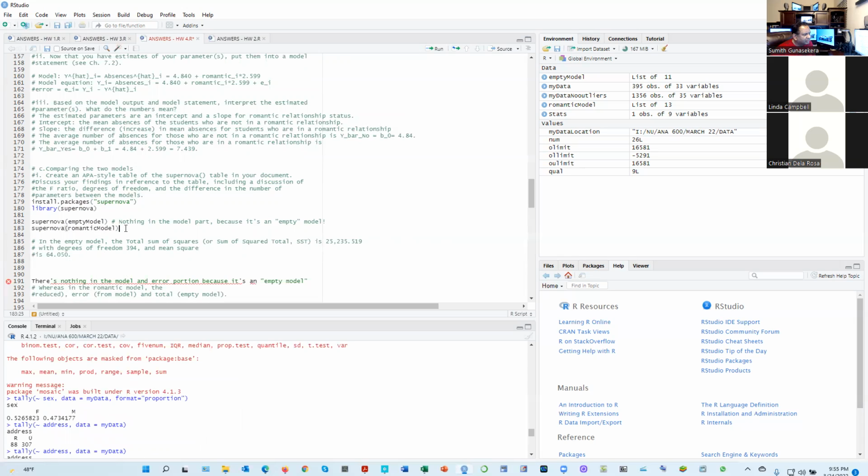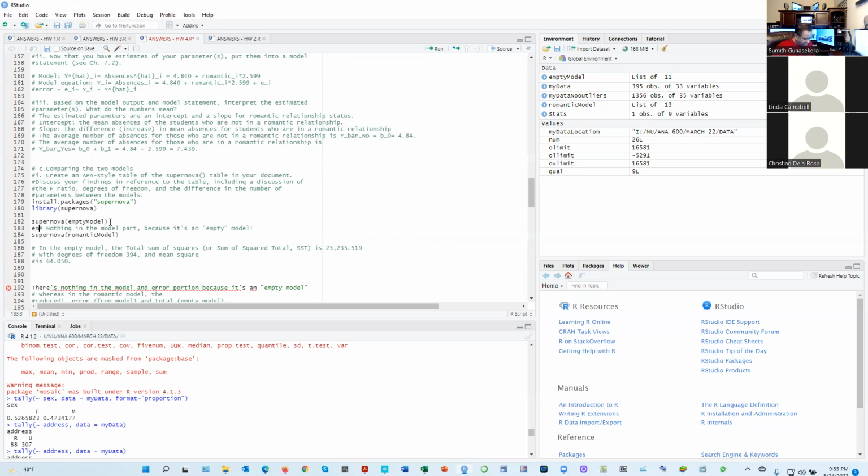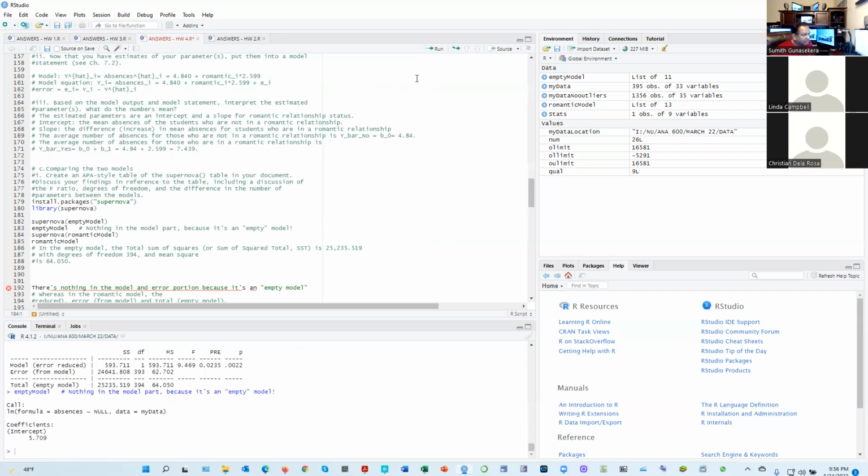So I'm going to run this one more time. I'm going to run this empty model, and I'm going to run the romantic model as well. Okay.